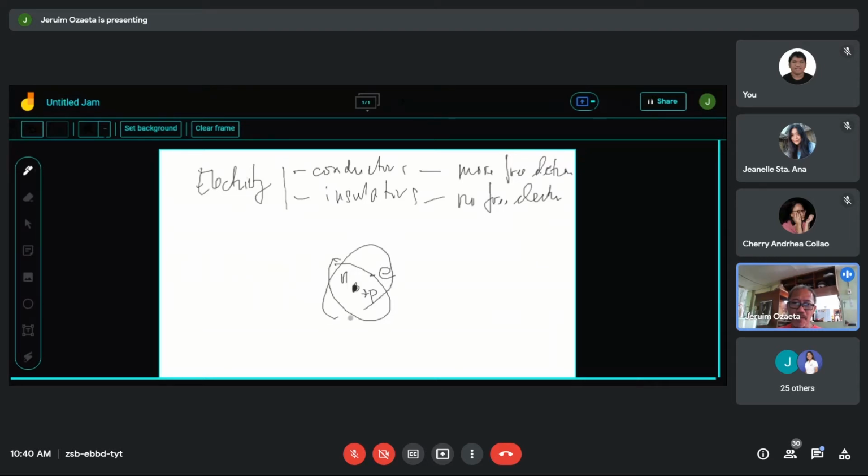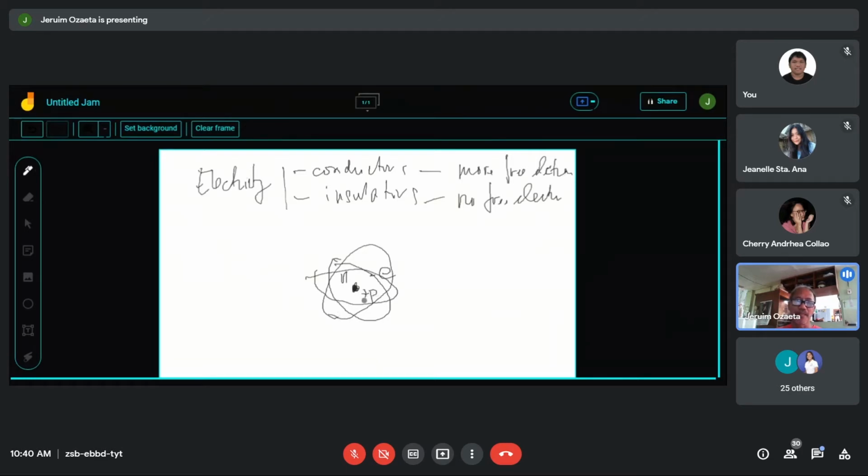So this electron orbits the atom, so that if the atom is in a neutral condition, the number of protons present in the nucleus is the same as the number of electrons that orbit around that nucleus.